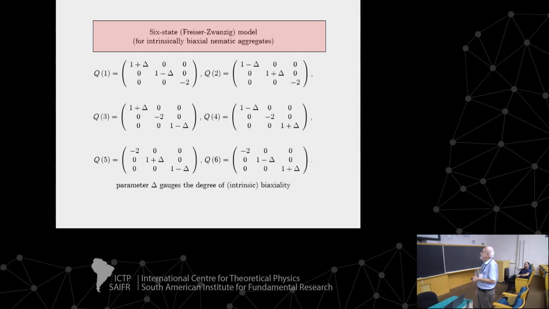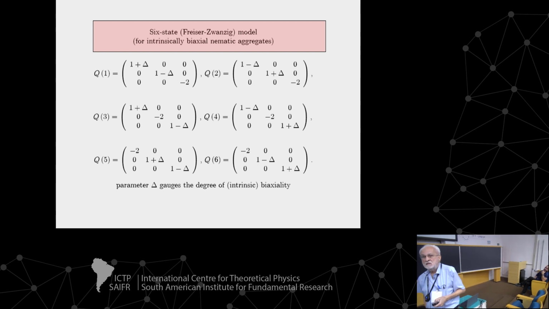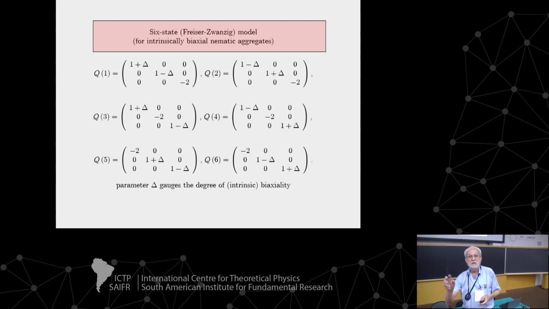Parameter delta gauges the degree of intrinsic biaxiality. I use the name of Freiser, because Freiser was the first to really look at those problems in the calculation, to show that there is indeed a stable biaxial phase in this kind of model. Well, we can use this.